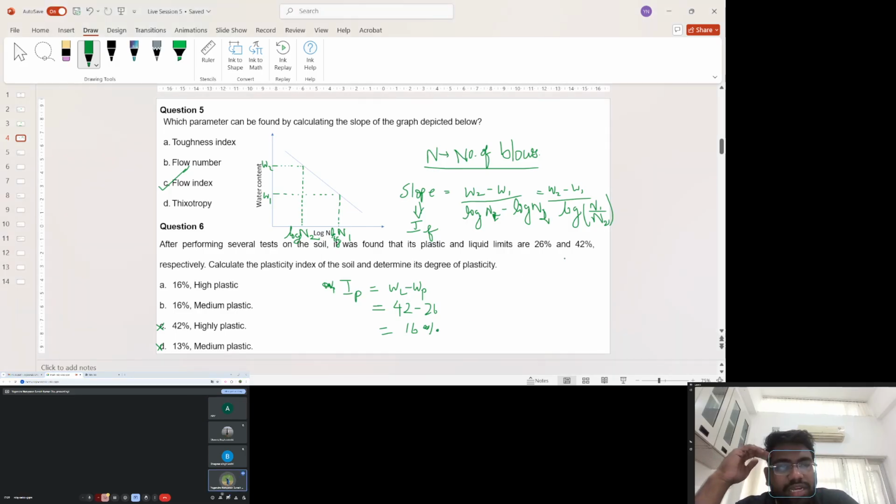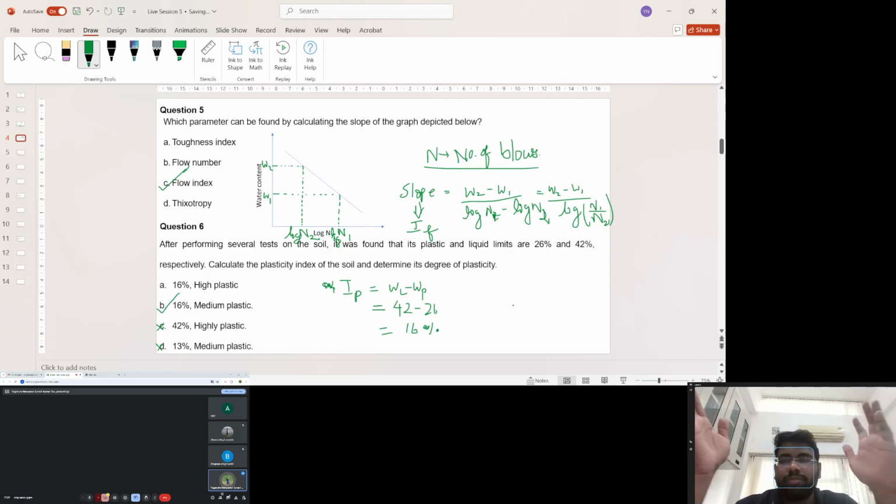If you refer to the A-line chart, we have IP 16%, and one more thing is the liquid limit should be greater than 50% for high plasticity. Since the liquid limit is lesser and IP is 16%, it will be medium plastic.